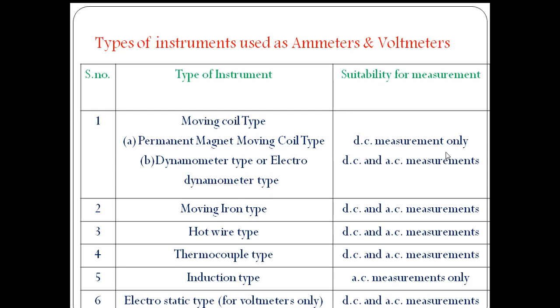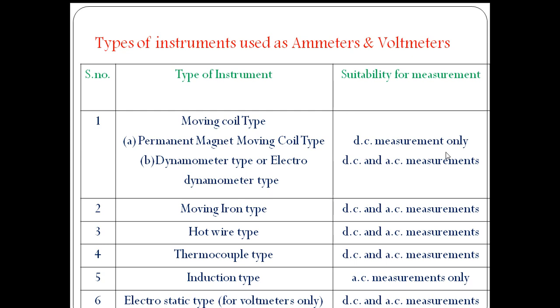In that, the first one is the PMMC meter, permanent magnet moving coil type meter. These meters are exclusively used for DC measurements only. Please make a note, very important.